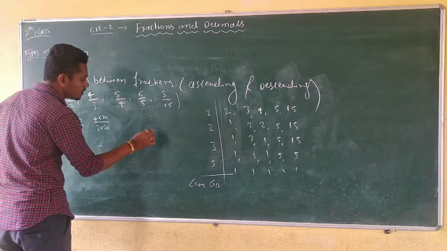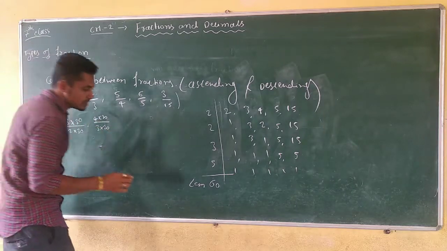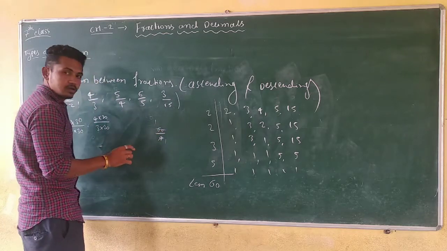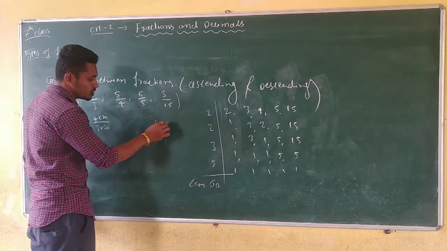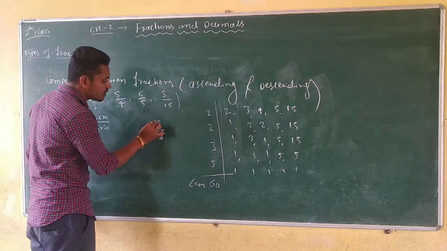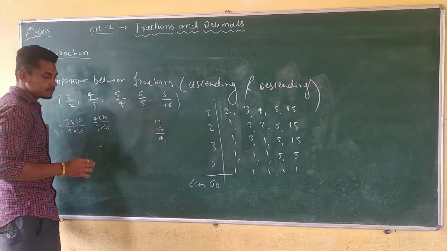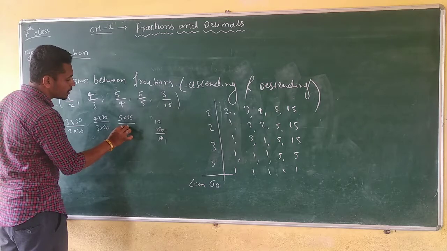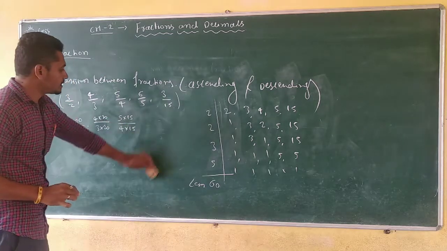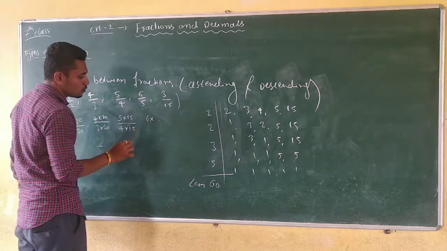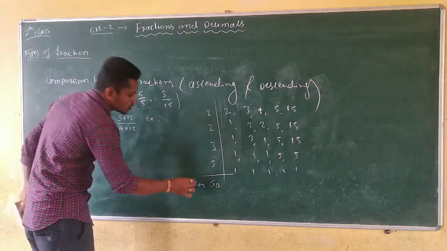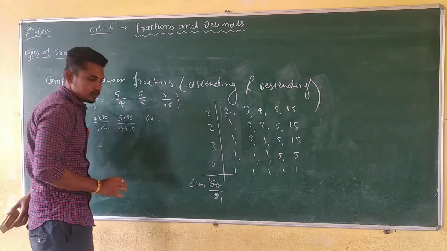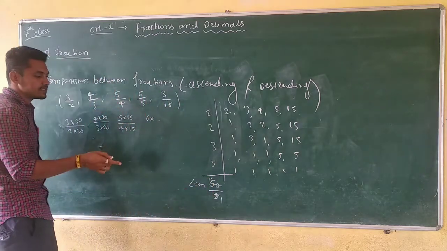Next, 60 divided by 4. 4 ones are 4, 6 minus 4 remaining is 2, 0 becomes 20, so 4 5s are 20. Next, 5 into 15 divided by 4 into 15. Next, 60 divided by 5: 5 ones are 5, 1 remaining, so 12 5s are 60.